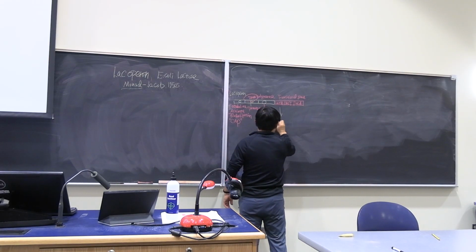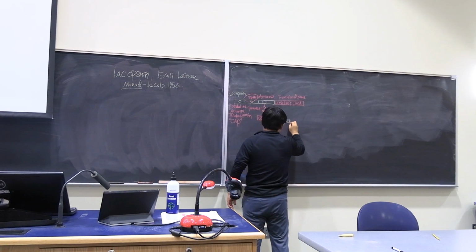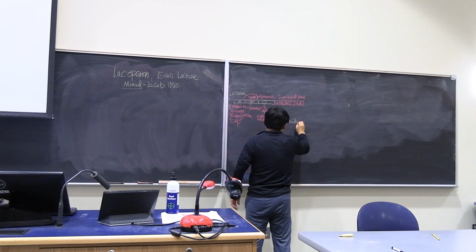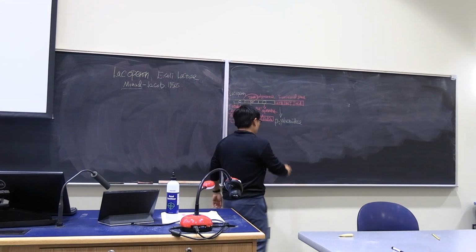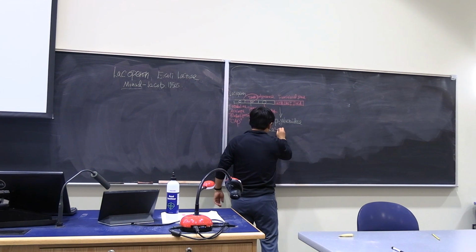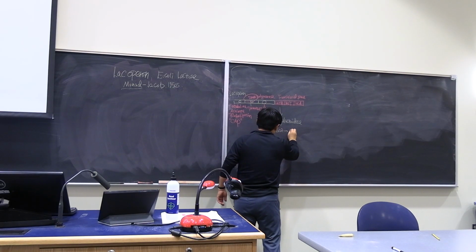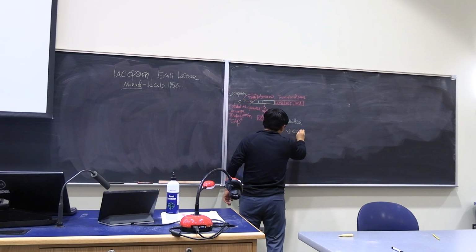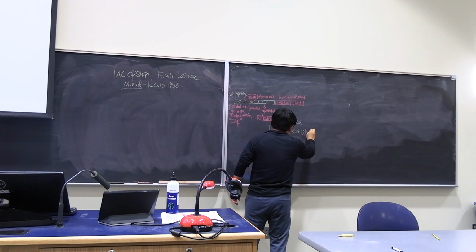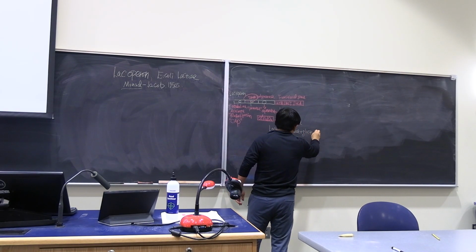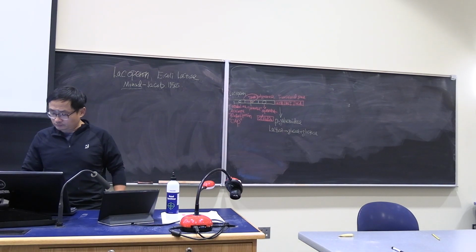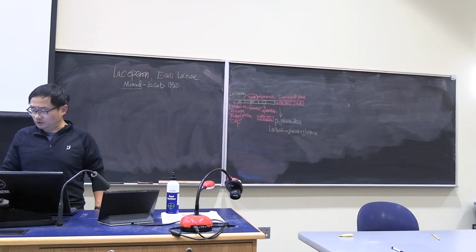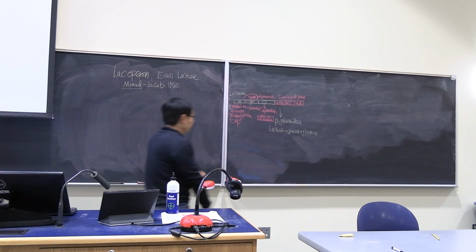This is beta-galactosidase. Beta-galactosidase basically breaks down lactose into glucose and galactose.